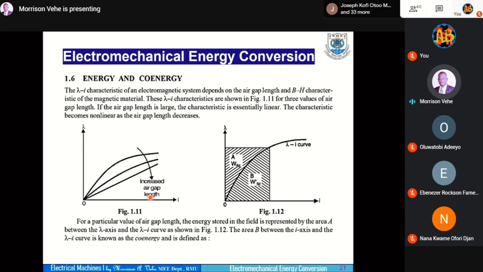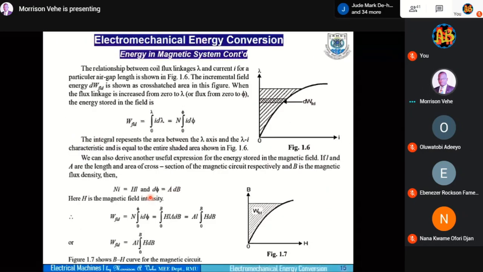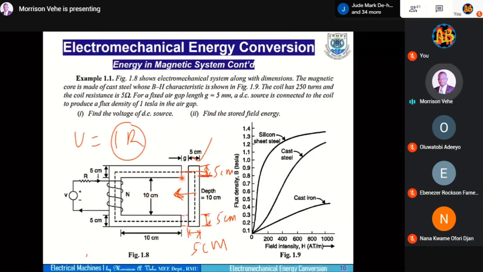If you have a large air gap, the characteristic is going to be linear. What will be the state of the reluctance in the air gap if it's large?